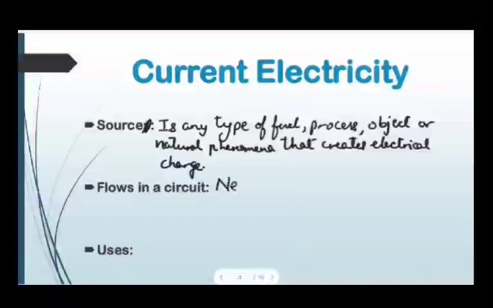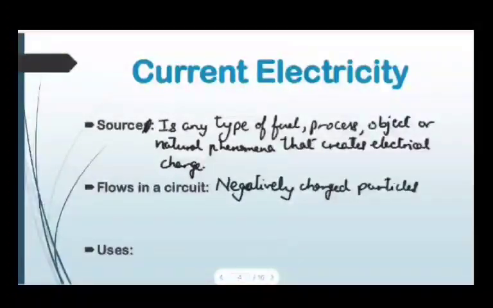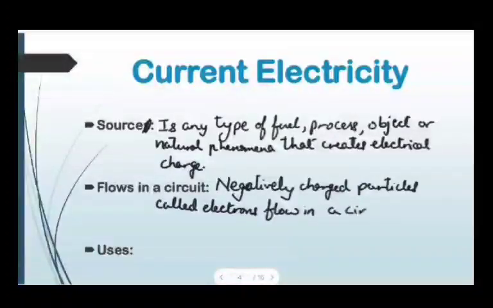The negative charge, or the negatively charged particles called electrons, flow in a circuit. A circuit is nothing but an entire round loop. It keeps circulating.